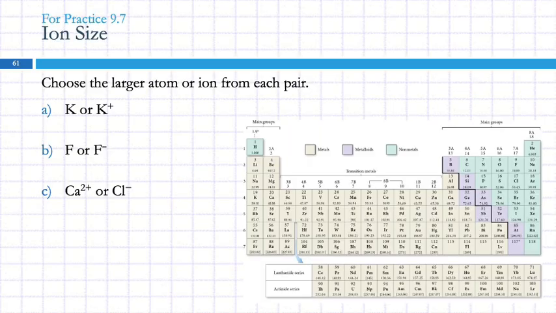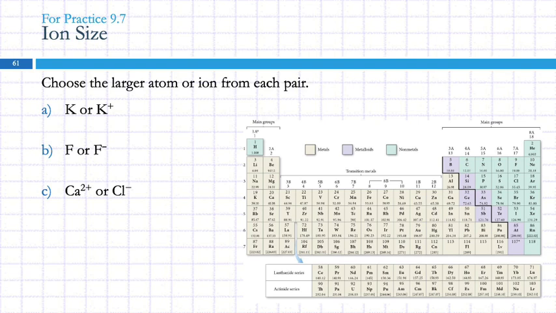So we should be able to predict ion size by looking at the periodic table. The first two should be pretty easy. Just think about whether I am taking electrons off or putting them on. Going from potassium to potassium ion, am I losing electrons or gaining them? You're losing them. Is that going to make it bigger or smaller?